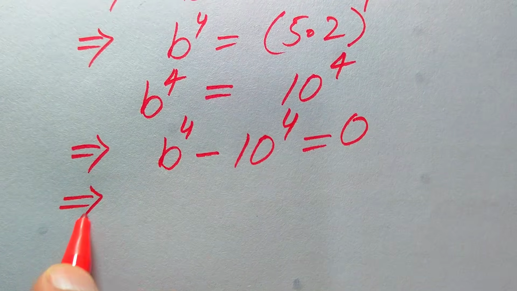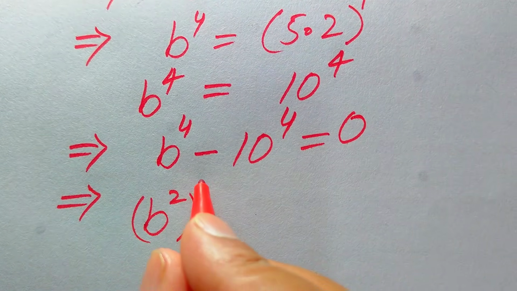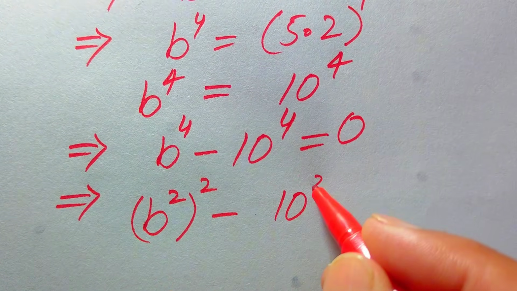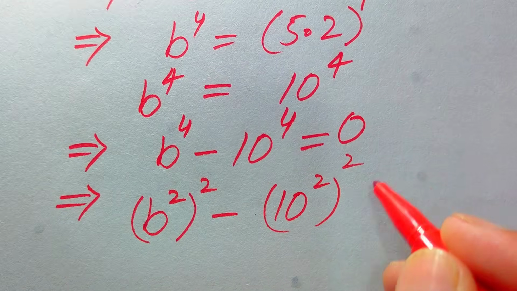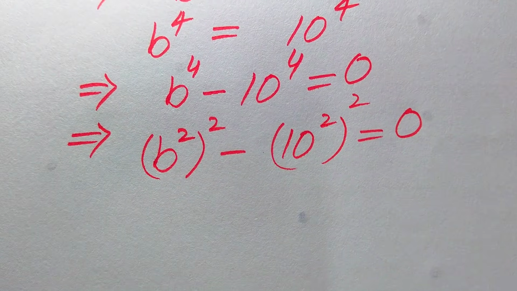For this, first we rewrite b to the power of 4 as b square and its whole square, minus 10 to the power of 4, which we write as 10 square and its whole square, and this whole equation equals 0.